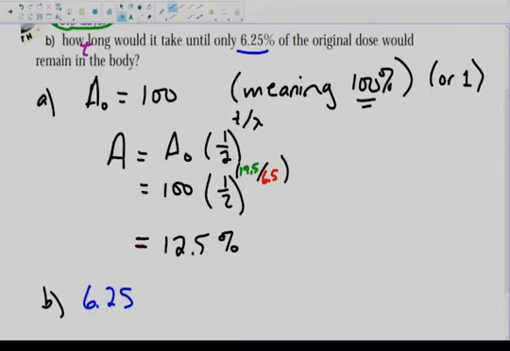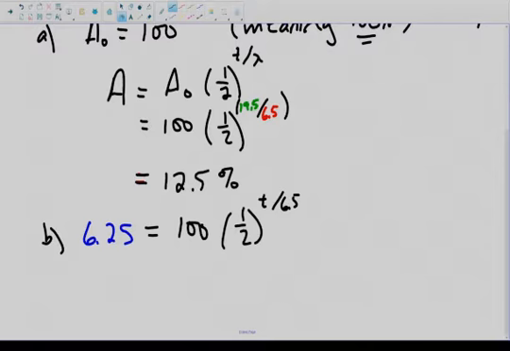If you understand that this is the final amount, and that the original amount is still considered to be 100, then these two are going to proportionally become 0.0625 anyway. So I like to use those original percentages, even though we're not supposed to, but it's going to work out, so it doesn't matter. Let's keep this as 1/2 to the t over 6.5. So again, the first thing we're going to do is divide by 100, which I'm not going to write down. You should be able to follow that. So the decimal place moves 2 spaces to the left.